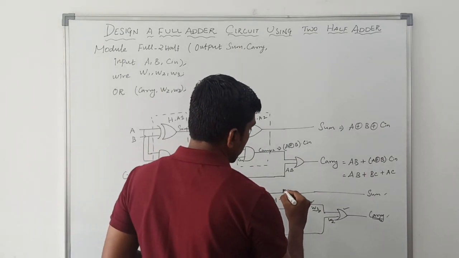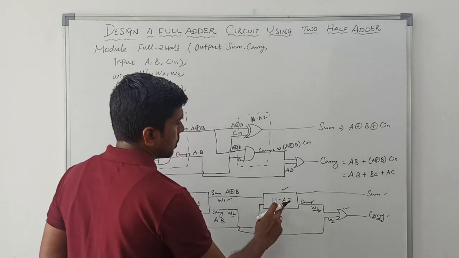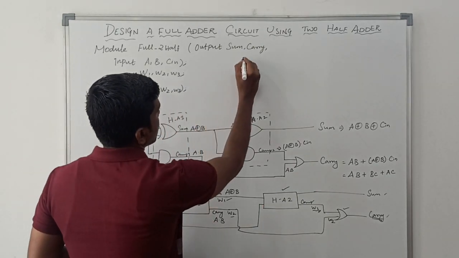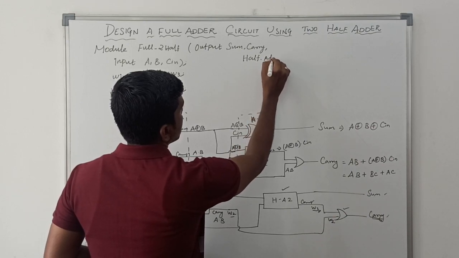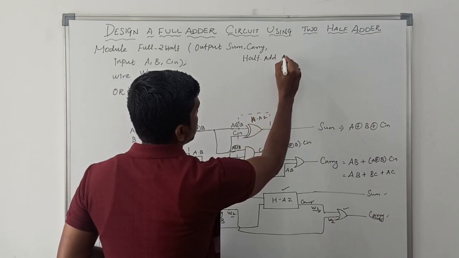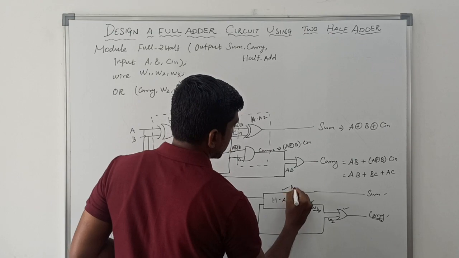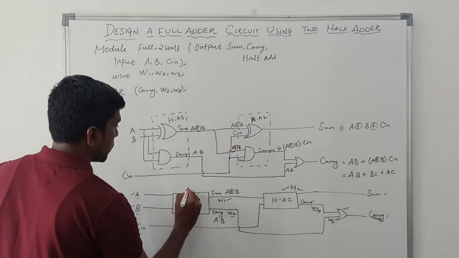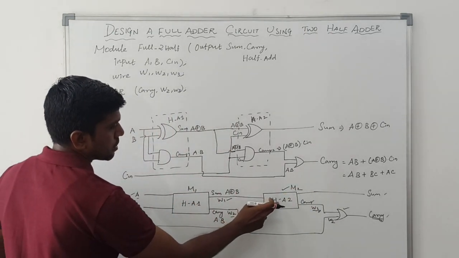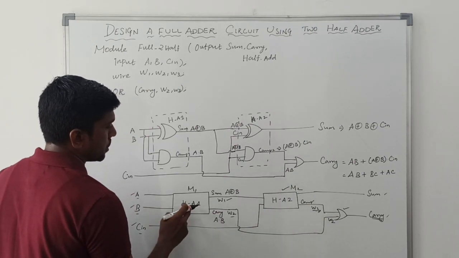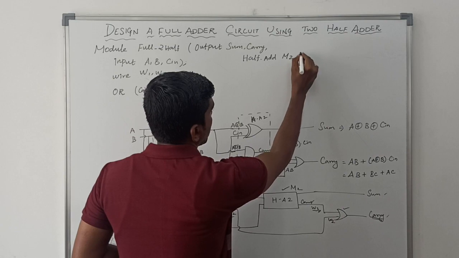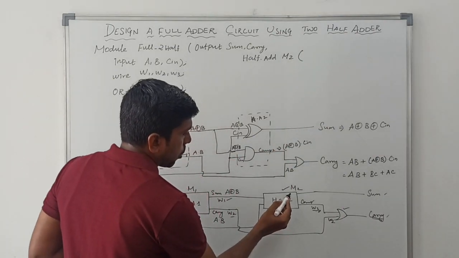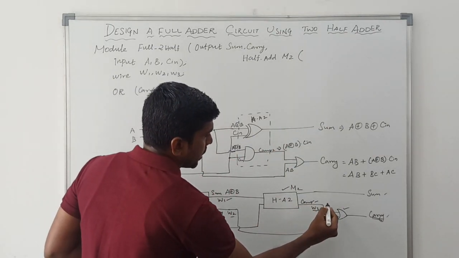Then I am going to write the expression for half adder 2. This half adder is called M2, and the other half adder is called M1. So for half adder M2, the outputs are carry and sum.